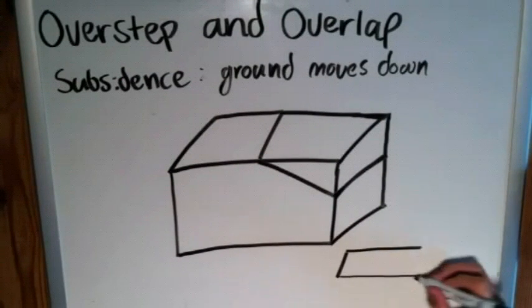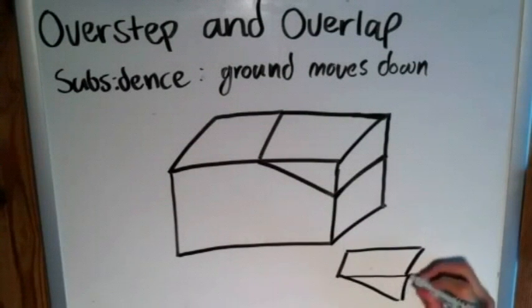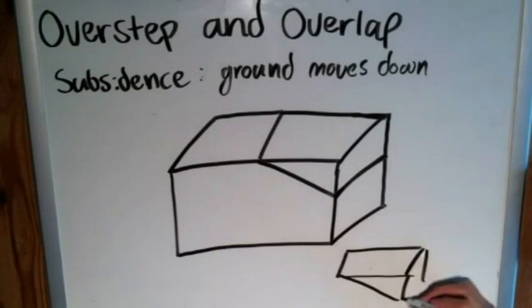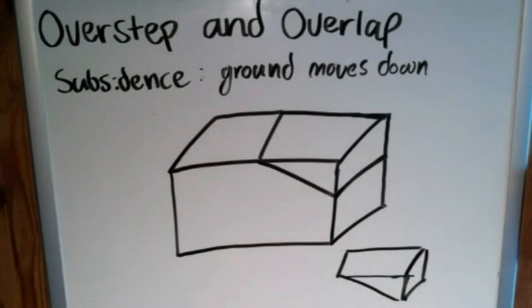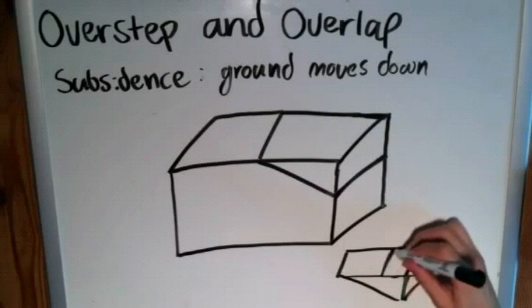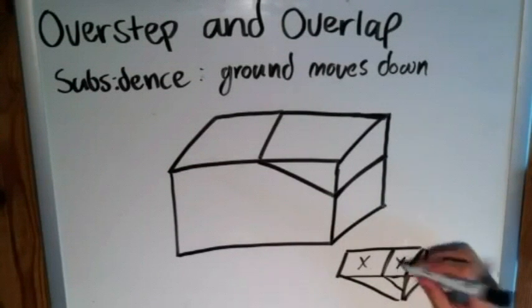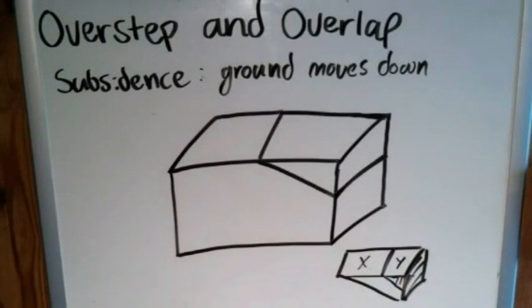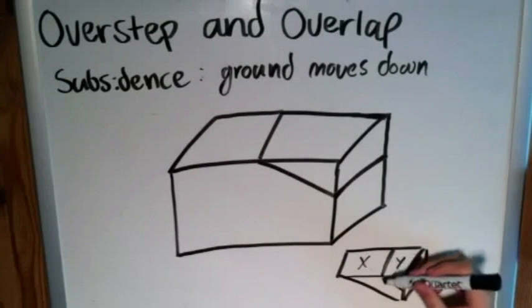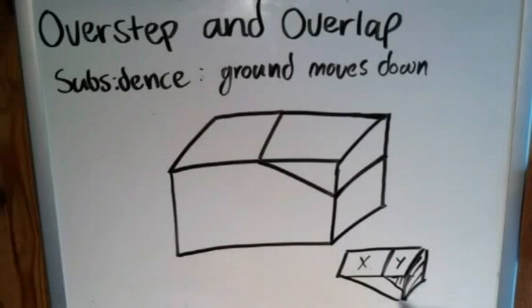We had a similar shape, a sort of triangular prism here. But what we had was, we had X here and Y here. Now Y is this layer down here, X is this layer up here. And you can tell that because Y rests on top of X at this point, that Y is younger and it was deposited after it.